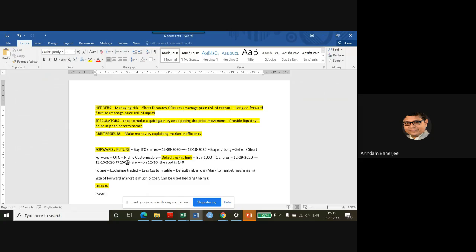But in case of an option, if the terms of the contract say that the buyer has no obligation to execute, then that type of contract will be termed an option contract.